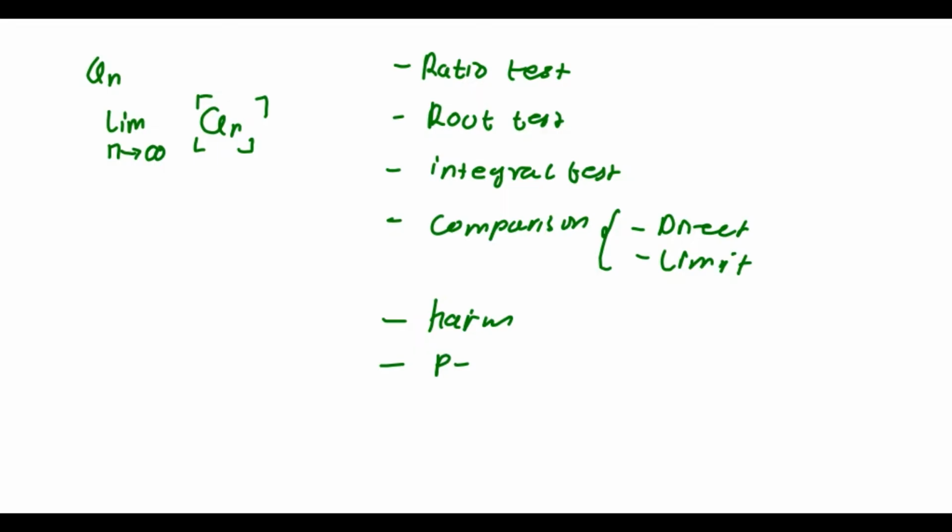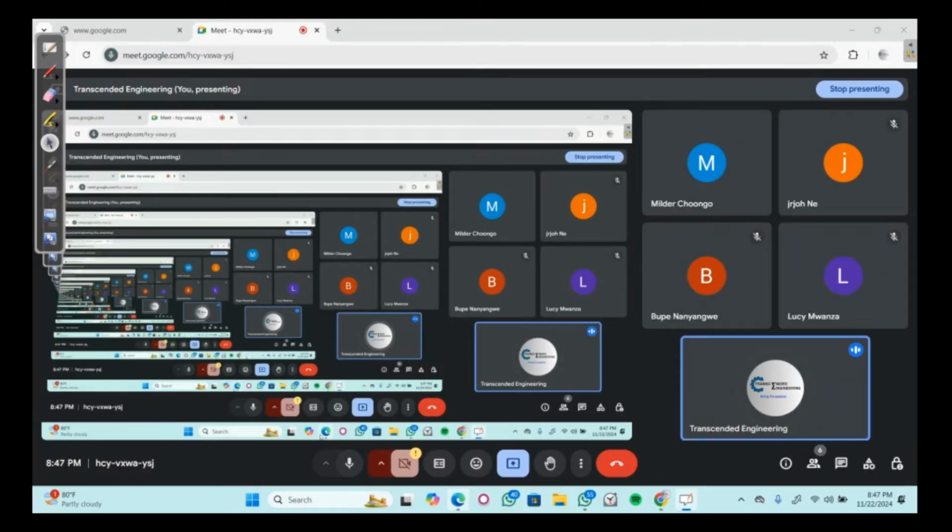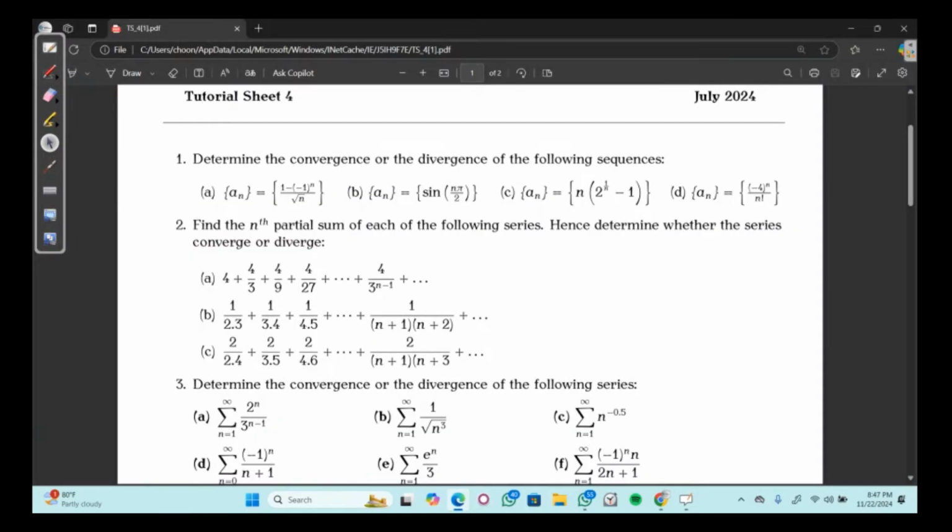When you look at some questions, one thing I'm going to do is try to simplify work for you. For some questions, anytime you see a factorial, for example, if you look at this question D, the easiest method for me is the one that would help me get rid of that factorial, to really know what is happening as I'm evaluating that sequence or series.